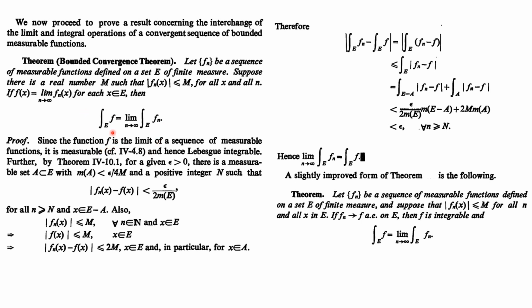Since each fn is measurable, this implies the limit function is also measurable, so f(x) is also a measurable function. Each fn is bounded, so this implies the limit is also bounded by M. So this function is bounded, defined on a set E with finite measure, and measurable.